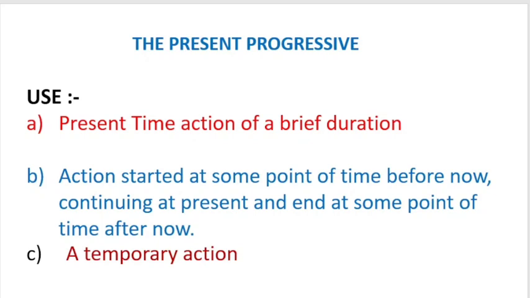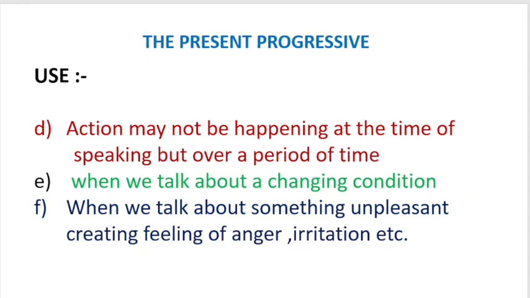We use it for a temporary action. The action may not be happening at the time of speaking, but over a period of time. We can use it when we talk about a changing condition. Finally, we use it when we talk about something unpleasant, creating a feeling of anger, irritation, etc.